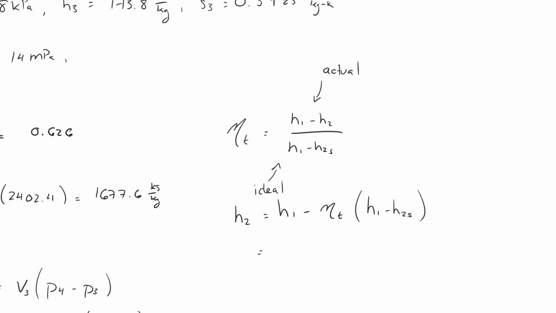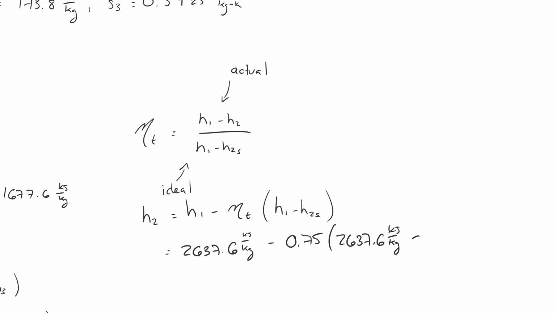So H1 I know from before, 2637.6 kilojoules per kilogram. I was told my turbine has an isentropic efficiency of 75%. And of course H2S now is that ideal enthalpy, or the enthalpy at my ideal state 2S, which was 1677.6.